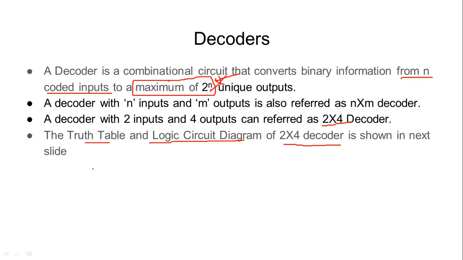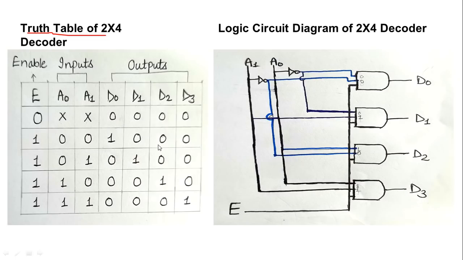So the idea is, if I provide 2-bit input values, I know that the maximum combinations that can be generated from the 2-bit input are 4. So again, go through this diagram now. What I am having here, A0 and A1, these two are my input values, and D0, D1, D2 and D3 are my output values.